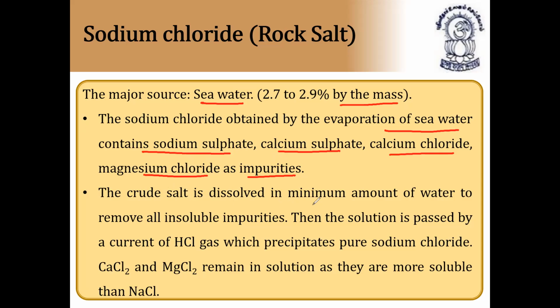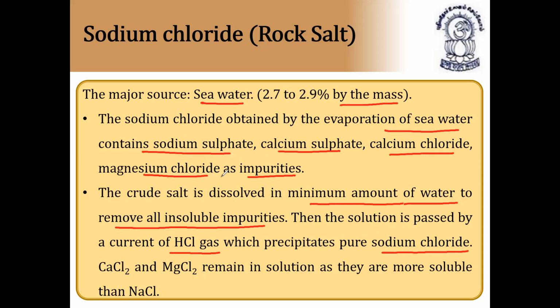The crude salt is dissolved in a minimum amount of water to remove all insoluble impurities. Then the solution is passed with a current of HCl gas, which precipitates pure sodium chloride. First, seawater is evaporated and forms crystal salts containing sodium sulfate, calcium chloride, and magnesium chloride as impurities.